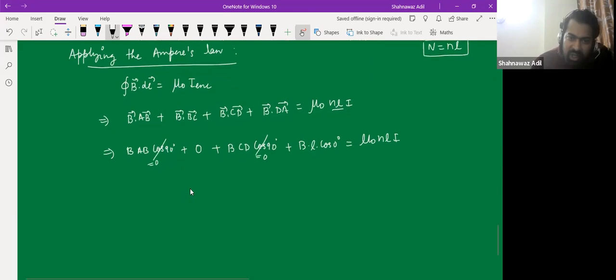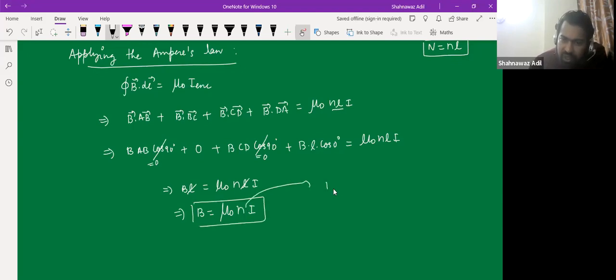So we only have BL cos 0, which is 1, equal to mu naught nlI. This l and this l cancel, and the magnetic field would be mu naught nI, where this n is the number of turns per unit length, and N is the total number of turns.